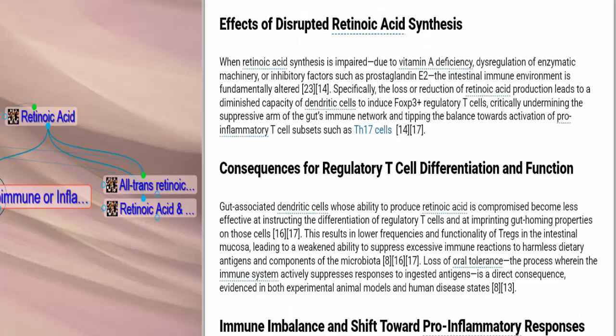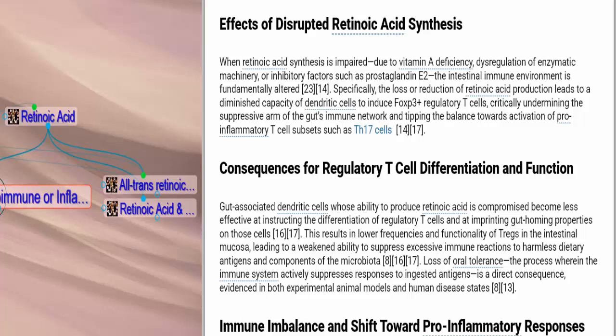Effects of disrupted retinoic acid synthesis when it's impaired due to vitamin A deficiency, dysregulation of enzymatic machinery, or inhibitory factors, such as prostaglandin E2. The intestinal immune environment's fundamentally altered.